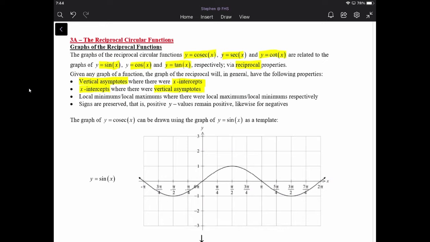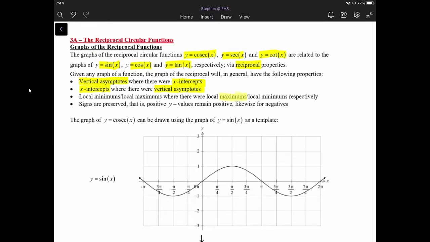On a similar note, if you have a local minimum or a local maximum on the original graph, then the reciprocal will have a local max or local min. So basically, minimums swap over to maximums and vice versa.